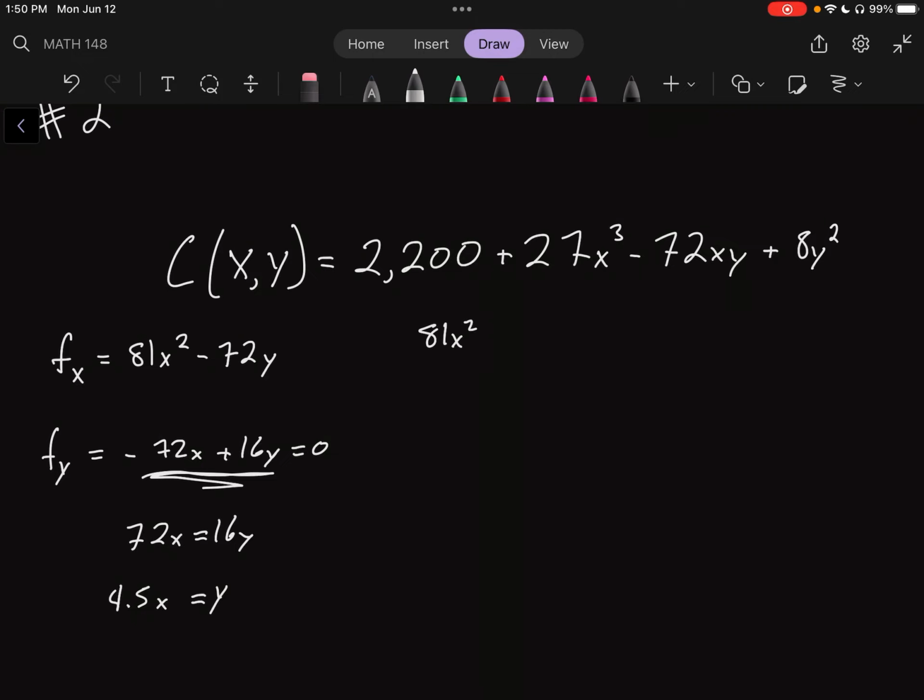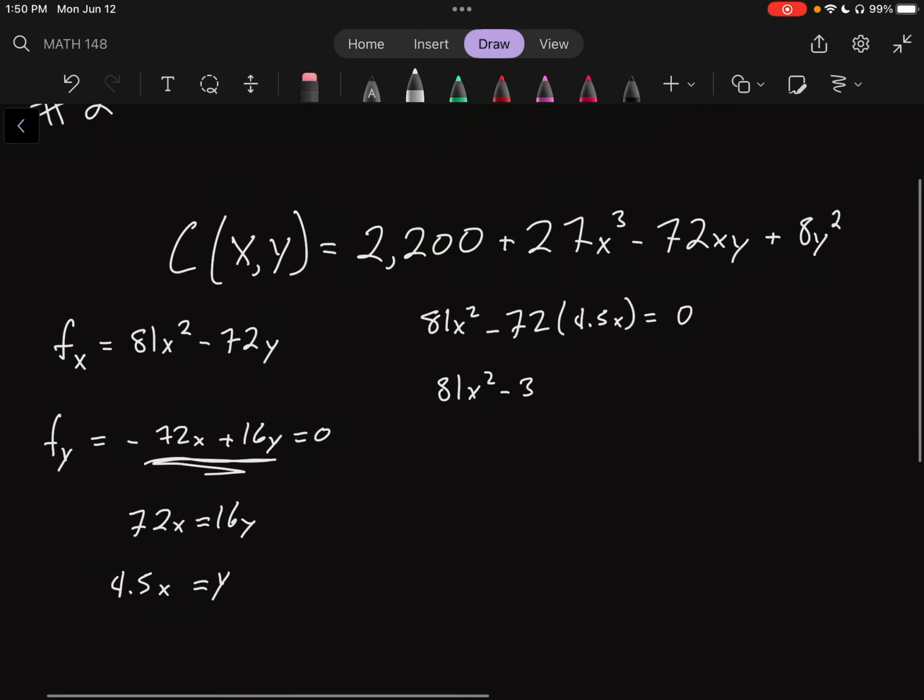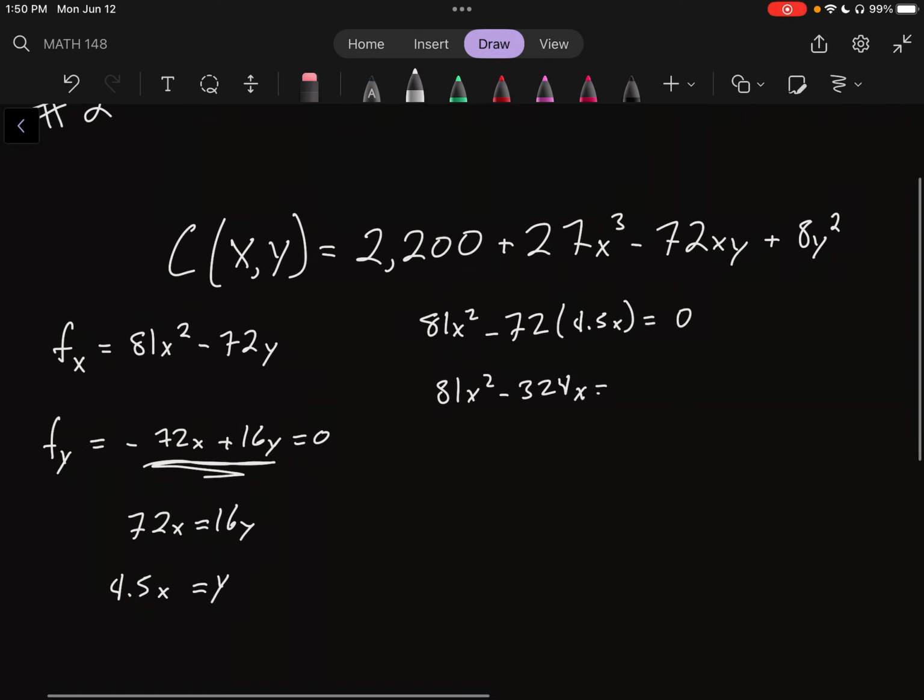Now we can use that to plug back into this one. 81x squared minus 72 times 4.5x equals 0. 72 multiplied by 4.5 is 324, so 81x squared minus 324x equals 0.